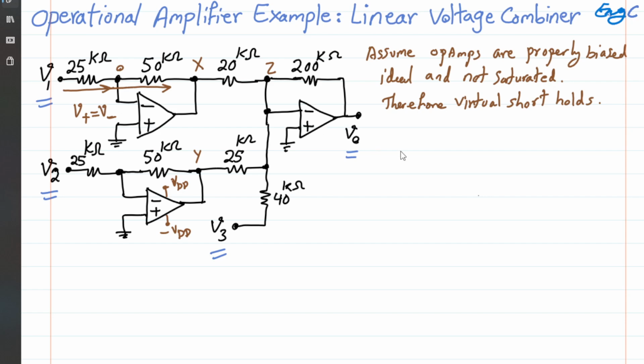Just as a reminder, it will be V1 minus 0, which is this voltage. As I said, V negative terminal should be equal to V positive, equal to 0.